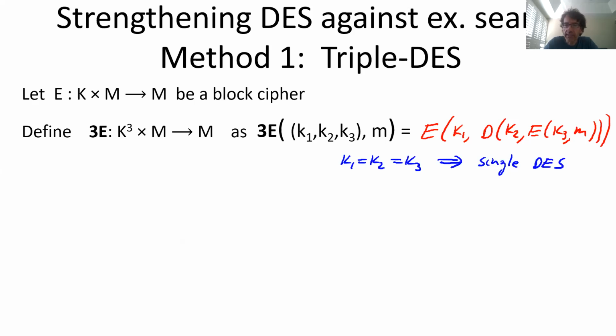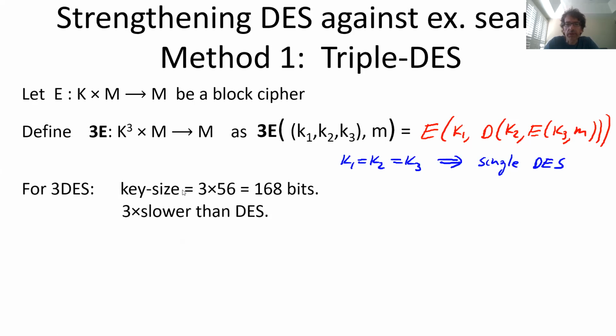It was chosen for that backward compatibility, because there was no belief that putting E here instead of D would change the security of this construction in a new way. But doing it this way allowed backward compatibility. So now triple DES has three keys. So instead of 56 bits, you have 168.